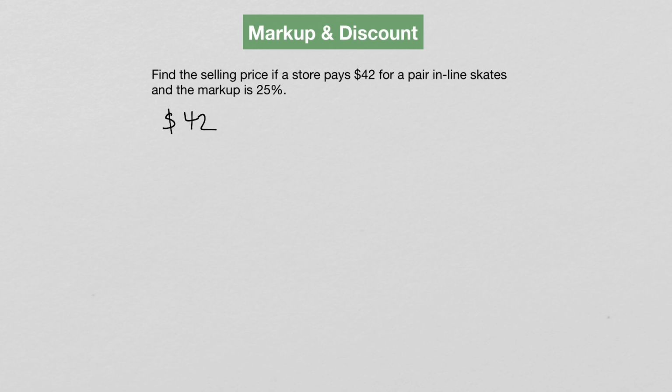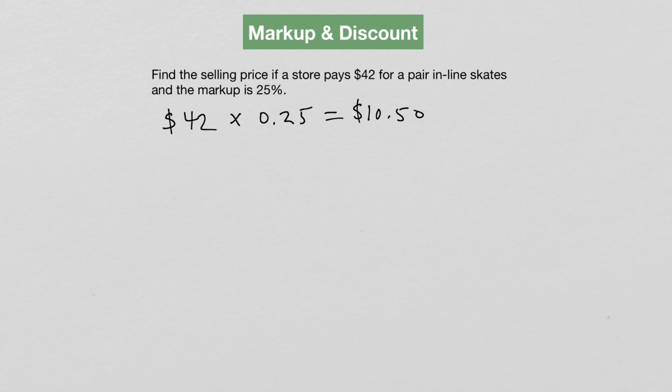So there are two ways to solve this problem. Okay, the first way is to find the 25% of $42, and to do that we're going to multiply that by 0.25. And when we multiply that through, we get $10.50. So the $10.50 represents the increase in price that we need to apply to the $42.